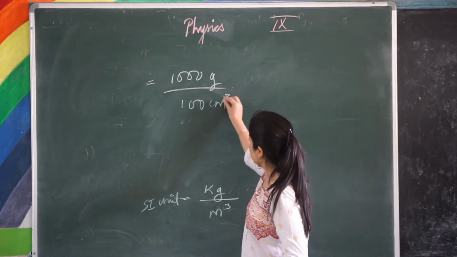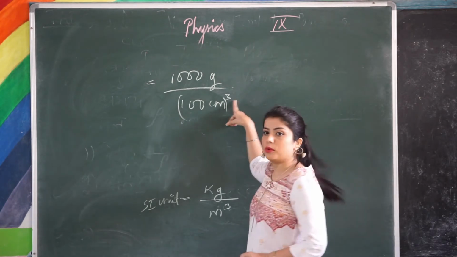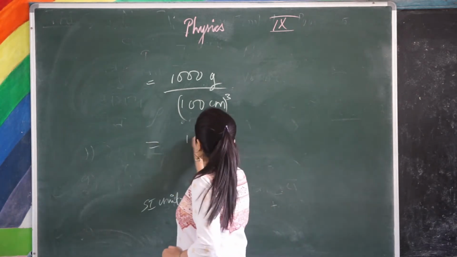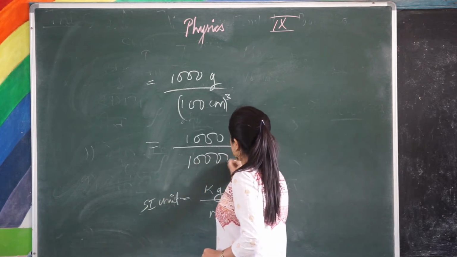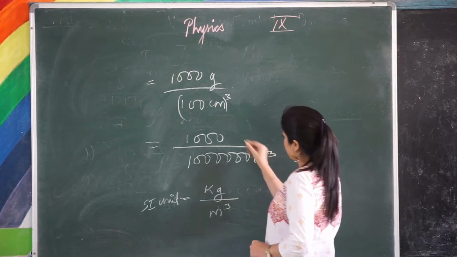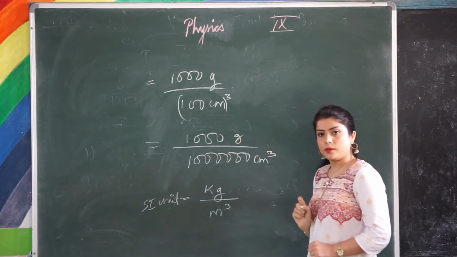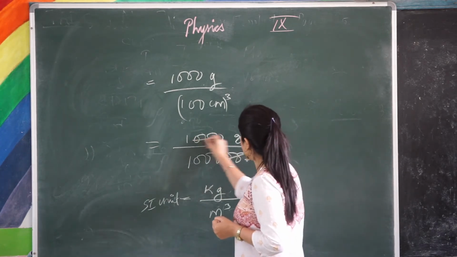But this is in terms of cube, so if you do the cube of 100, we get 1000000 centimeter cube. Now we can cancel out the zeros. 3 zeros and 3 zeros will be cancelled.